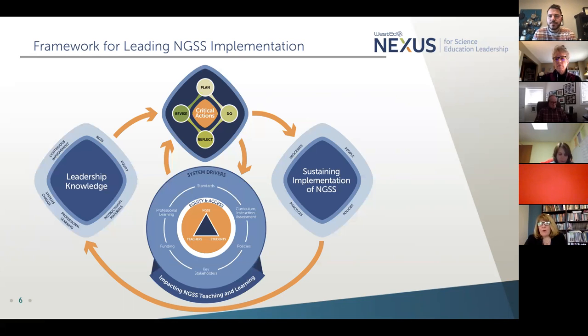Probably not surprising to a lot of you, a lot of the research focuses on leadership for particular math interventions or ELA or school turnaround, many other areas, and there wasn't a lot that focused very specifically on leadership knowledge for implementing science standards.